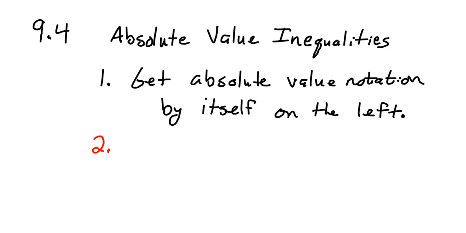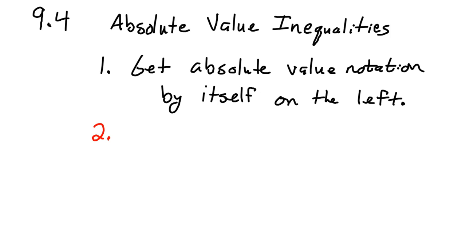Okay, once you've got the absolute value notation by itself and it's on the left-hand side, here's where you've got the two possibilities. Well, hang on, let me back it up here.